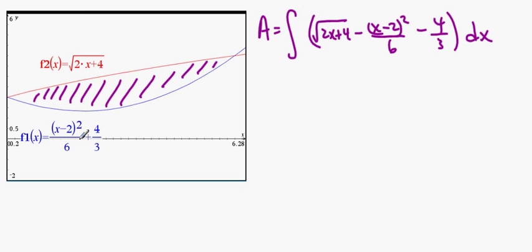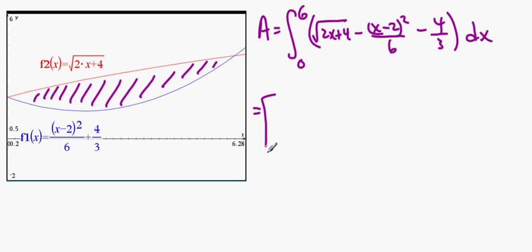A little bit of algebra here will confirm that left is 0 and right is 6. If you set those functions equal to each other, they cross exactly twice at x equals 0 and x equals 6. So this time I think I will do this one piece at a time.